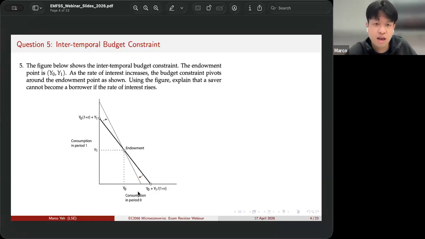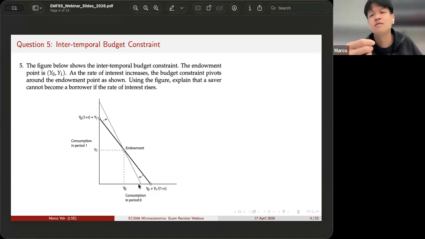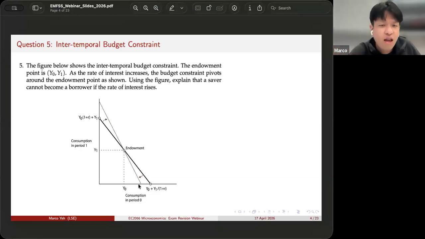It is because if the interest rate is higher, the cost of borrowing is more expensive, which means that if you want to eat more today, if you want your C0 to be greater than before, then you pay much more than when we have a lower interest rate. That's why C0 is going to be more expensive.